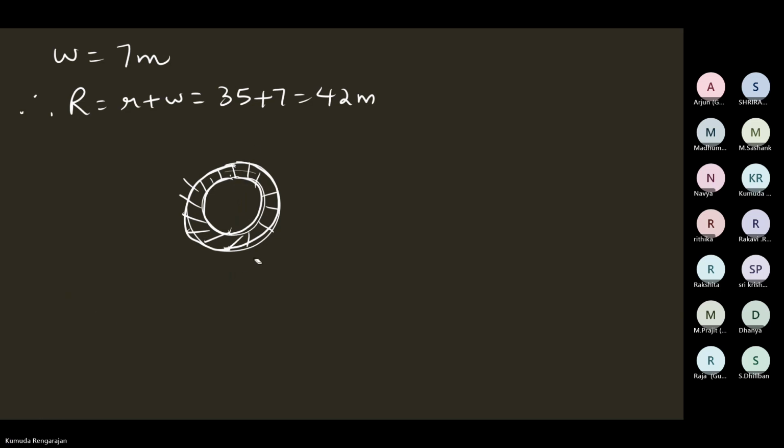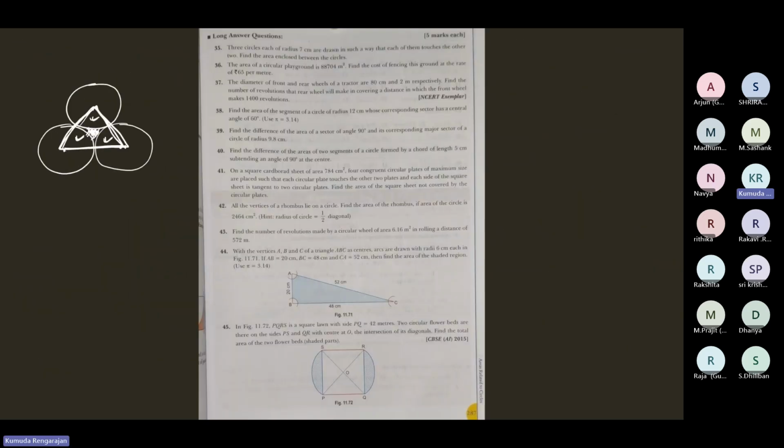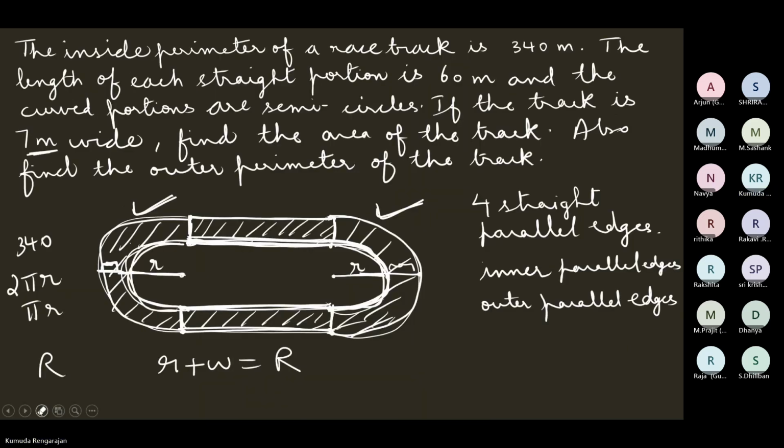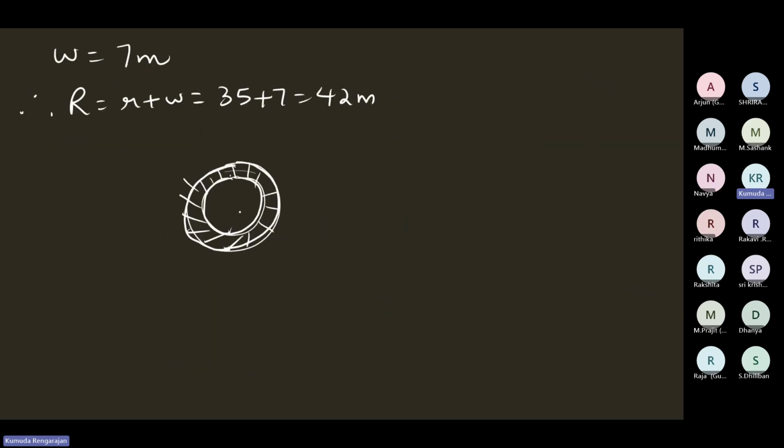Each end, this portion, is a semicircular ring. When you put these two together, it looks like one circular ring whose area is given by pi into capital R square minus small r square.